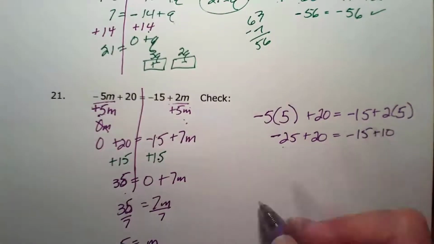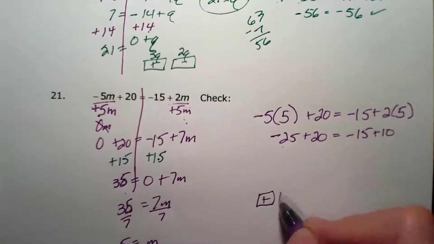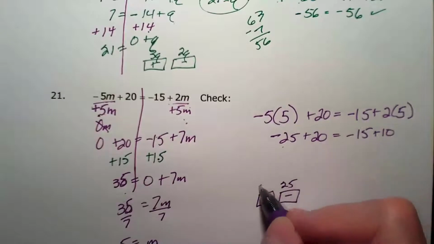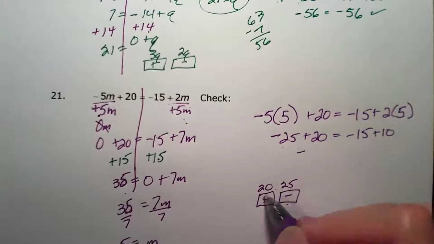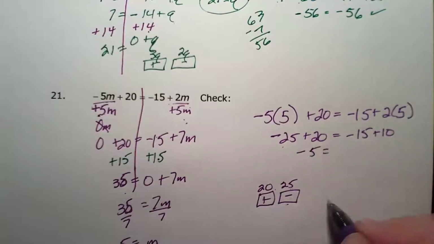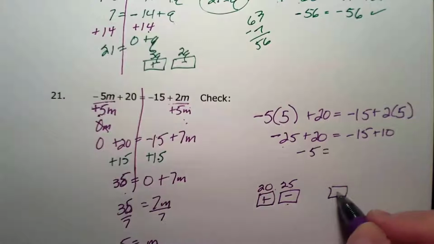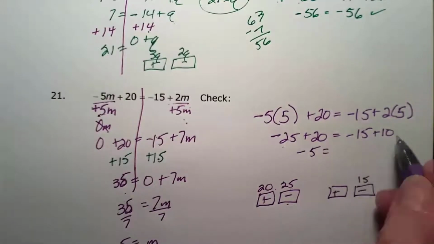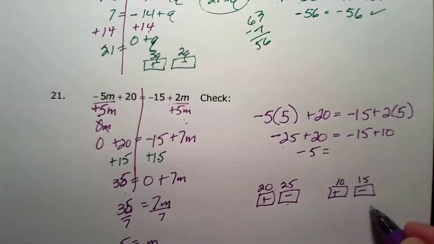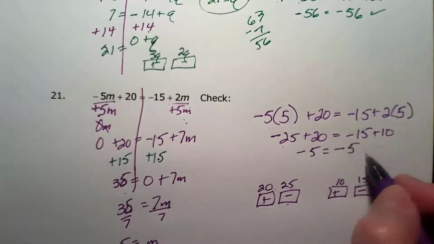Negative 25 plus 20, if I have a positive and a negative, there's 25 in the negative box, there's 20 in the positive box. Which box has more? The negative. How many more? 5 more, because 25 is 5 bigger than 20. Over here, if I have a positive box and a negative box, 15 goes in the negative box, 10 goes in the positive box. Which box has more? The negative box. How many? 5 more. So it checks.